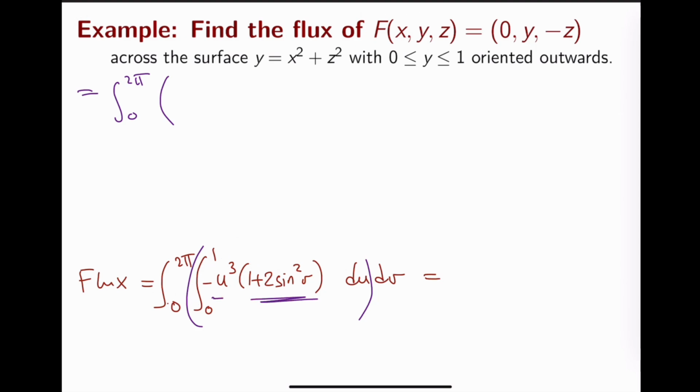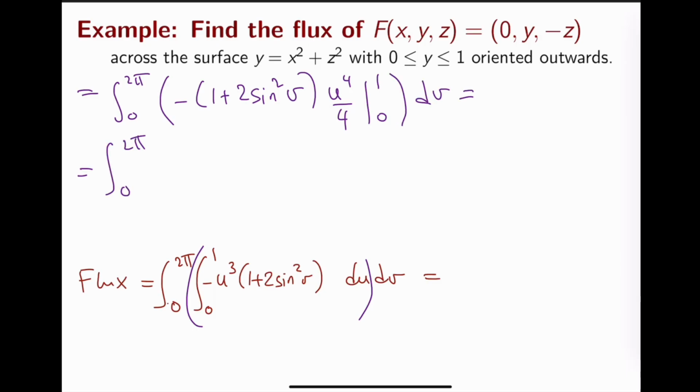So this part will be a constant, I leave it out, so that will be minus 1 plus 2 sine square of v, and the integral of u cubed will be u to the fourth over 4 evaluated between 0 and 1. I still do the evaluation before doing this final integral. So the evaluation of this between 1 and 0 is just 1 minus 0, which is just 1. And so this is going to be then minus this as it is times 1/4.